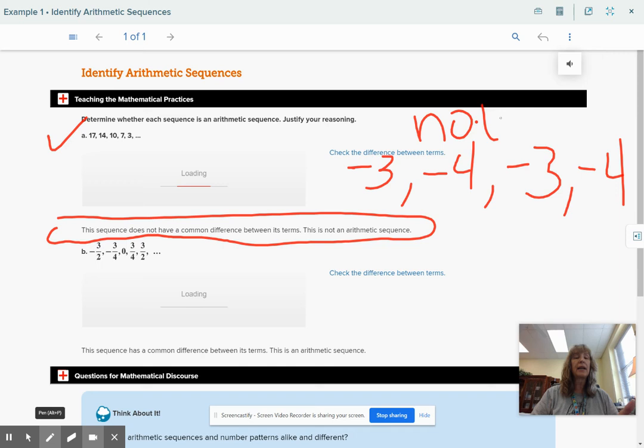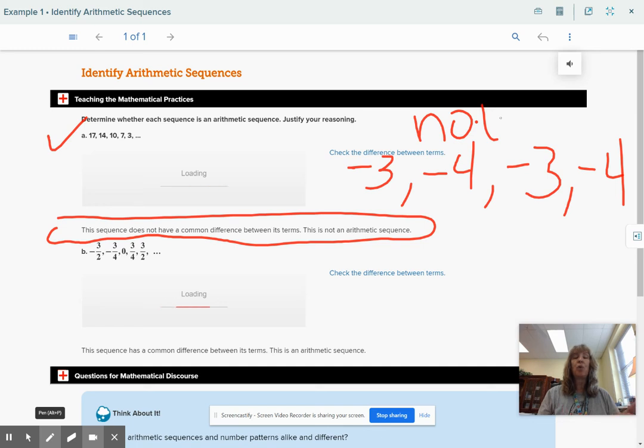Let's go ahead and take a look at our fractions down below. We need to distinguish if this also has a common difference. And of course, with fractions, remember you need to have a common denominator to make comparisons. Hopefully, you can relate this to money.